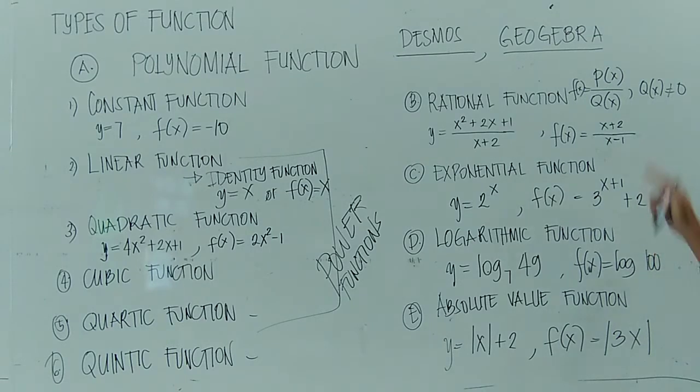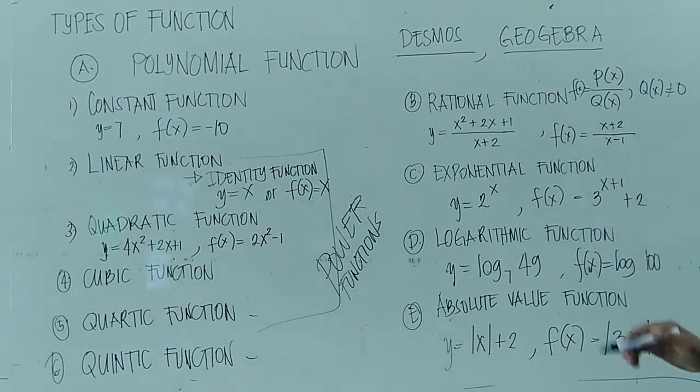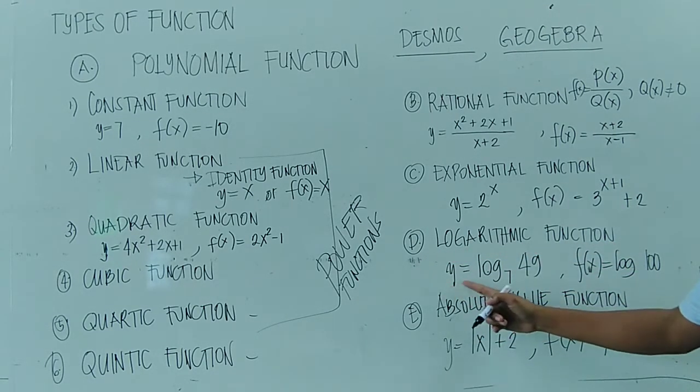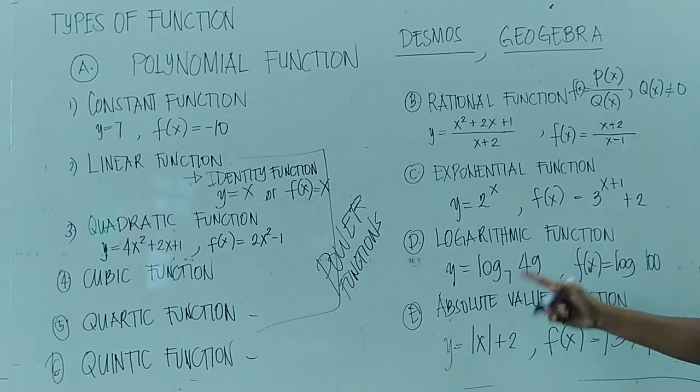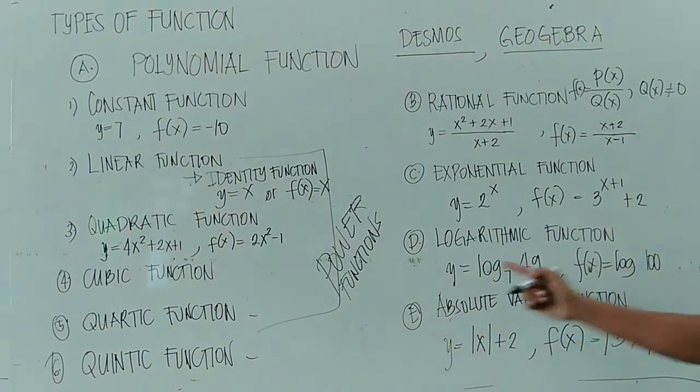Okay? So examples na siya guys, hindi pagpadaluman, makayara pa niya sa next video. Then we have logarithmic functions. Y equals to log of 49 base 7, as well as we have example f of x equals to log of 100. Balaan nyo din na iya ang logarithmic function sa kay may log na siya guys.